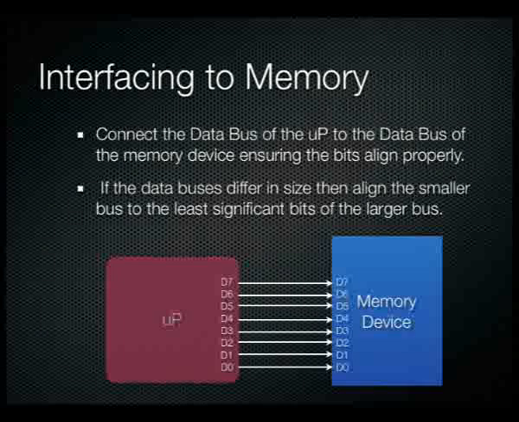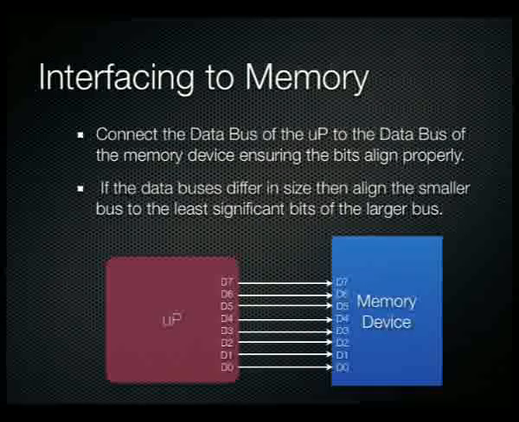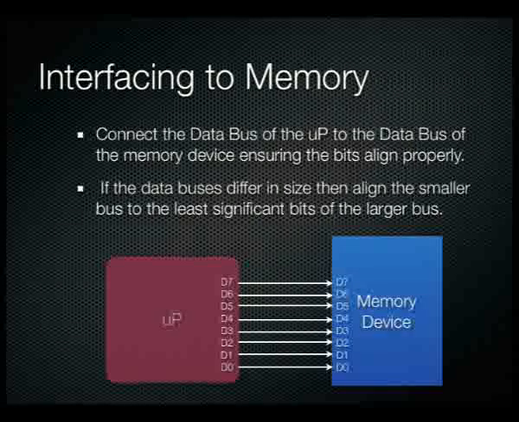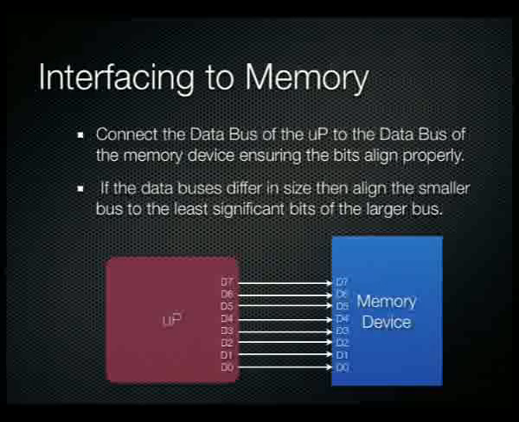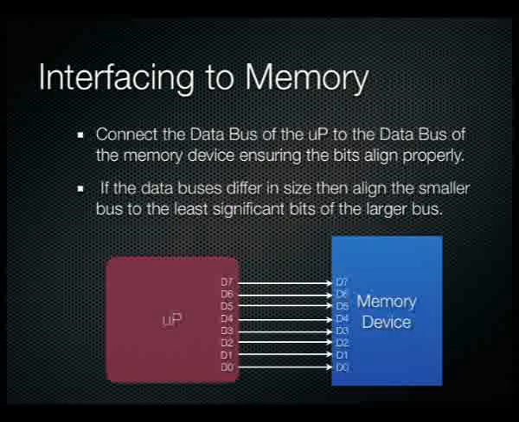you'll pick a memory device with a smaller data bus than the microprocessor. It doesn't matter. But then what you need to do is align the data buses to the same pins. You align D0 on the microprocessor to D0 on the memory device, and so forth. So effectively you align the smaller data bus to the lower significant bits of the microprocessor's data bus to make sure they align properly.